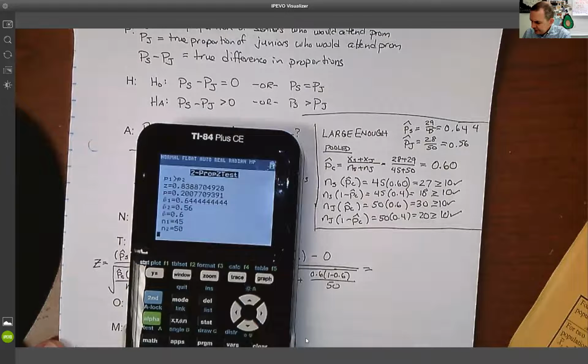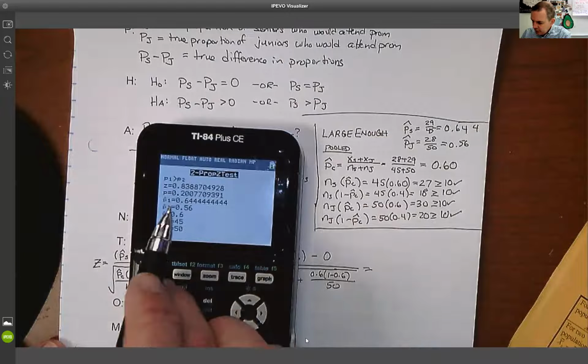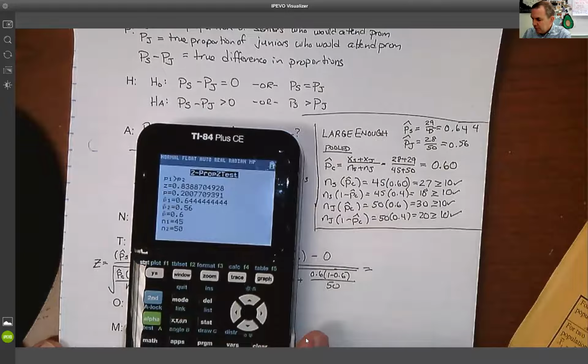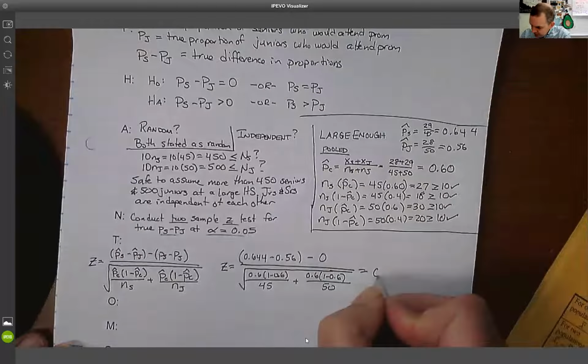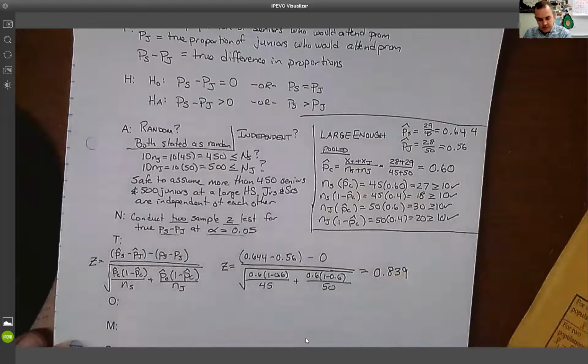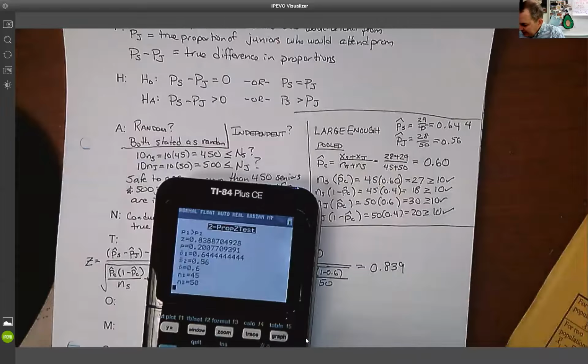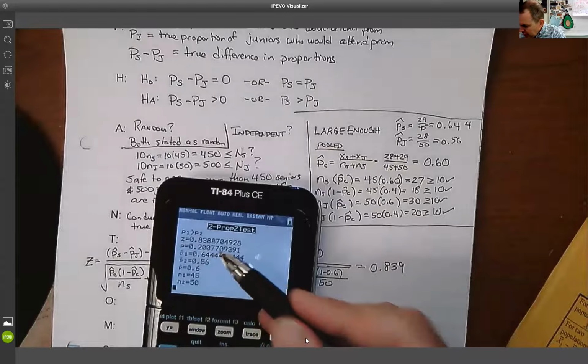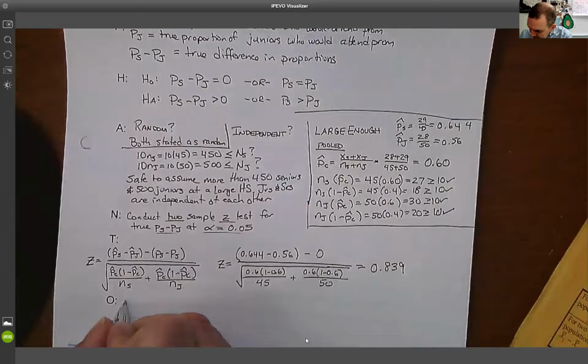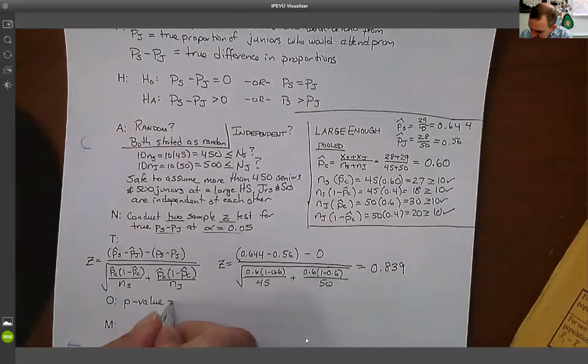And when I do calculate, I'm going to get a z-score of 0.839. And I am going to get a p-value of 0.2008.